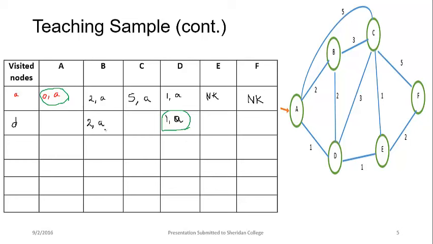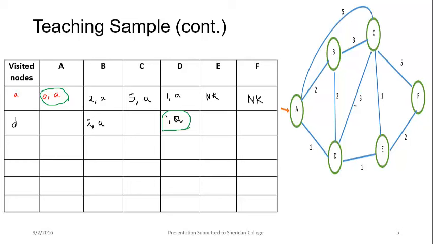I stick to my old value, which is better than the new value that I calculated a moment ago. So 2A now. And from D to C, let's see. D to C is 3 units, but from A to D, 1 unit.